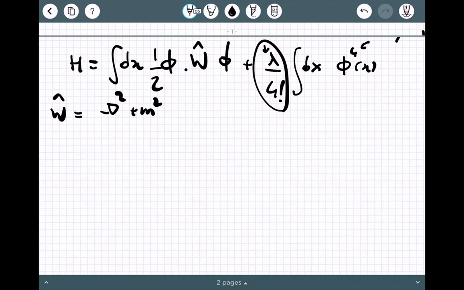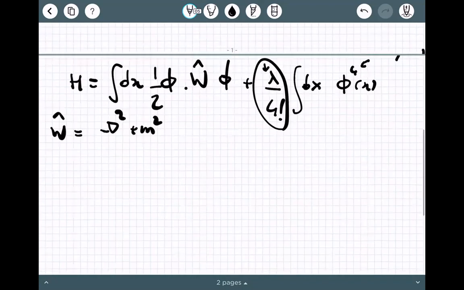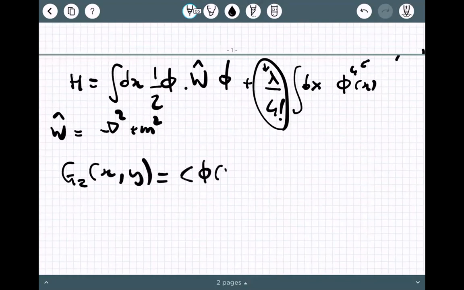Let me go stepwise. So let's say we want to evaluate the following 2-point correlation function. And now here, I don't put a naught. If I were to put a naught, I would have implied that this is in the quadratic theory, but I haven't, on the average here.